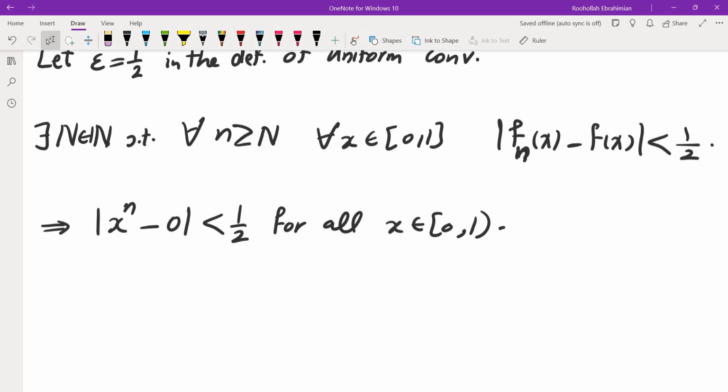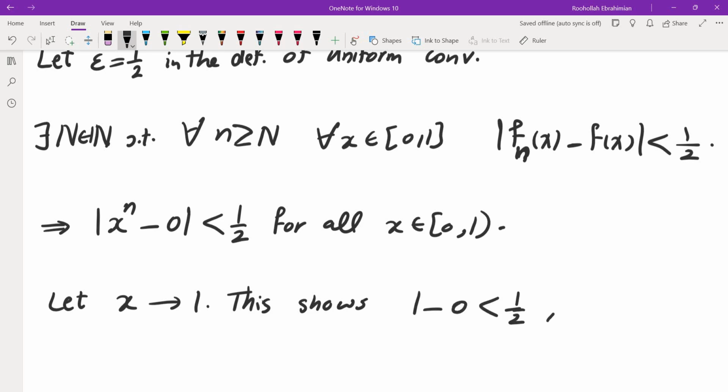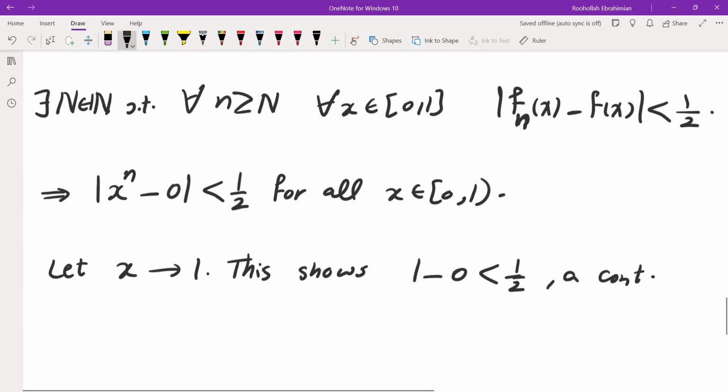Now I can allow x to approach 1. So take a sequence that approaches 1. This shows that 1 minus 0 must be less than 1/2, which is a contradiction. So therefore the convergence cannot be uniform.